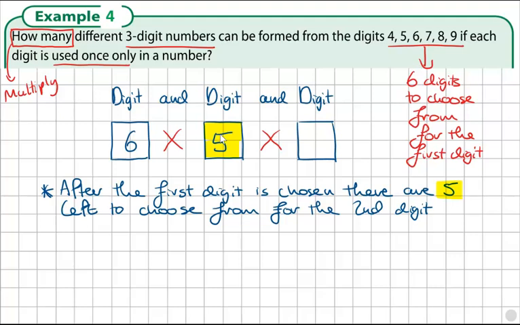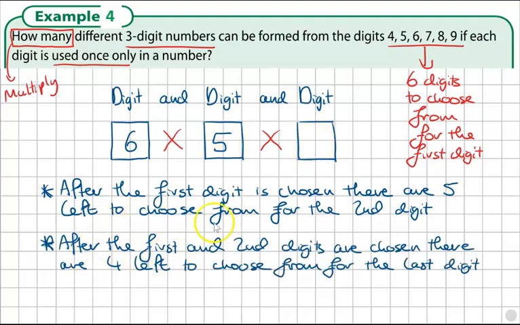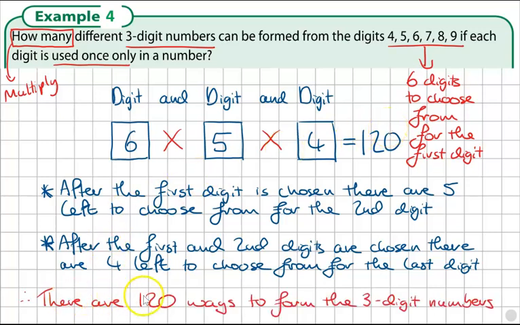And likewise, once we've used the first and the second digit, we've only got 4 digits left to choose from for the last box. So 4 goes into that last box. And 6 times 5 times 4 gives us 120 different 3-digit numbers we can form. So there are 120 ways to form 3-digit numbers.